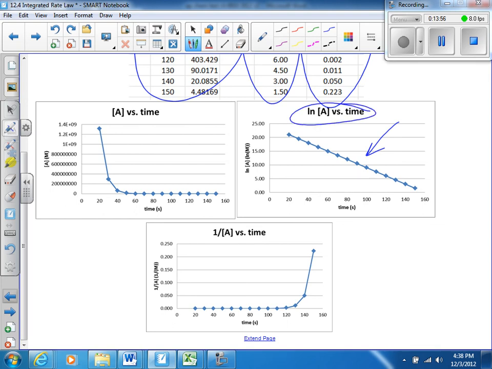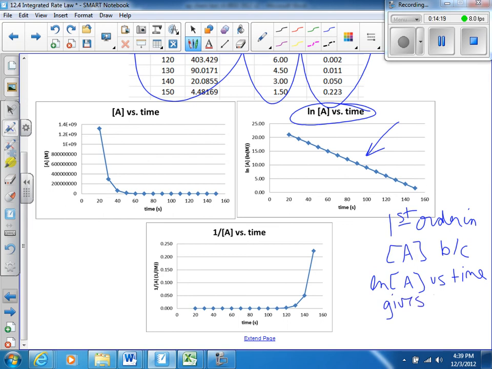If log of concentration versus time gives you a straight line, what's the order? Look it up, pause, do whatever you need to do. This reaction must be first order in A because log of concentration versus time gives a straight line.